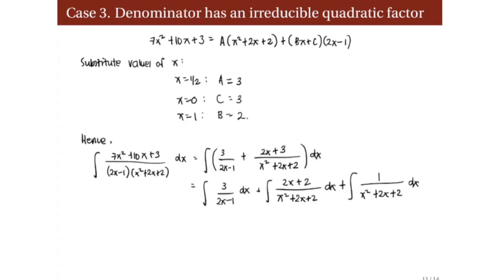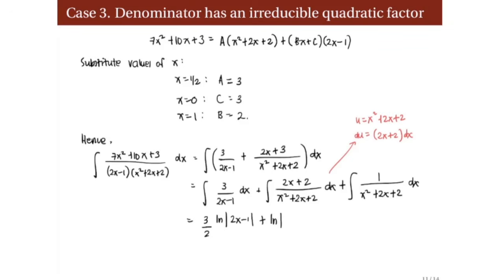So, this is equal now to 3 ln absolute value of 2x minus 1. And then, linear substitution ng 2x minus 1 dyan. So, magkakaroon ka ng over 2. Plus, again, for this case, kapag nag-let ka ng u equals x squared plus 2x plus 2, yung du mo would be 2x plus 2 dx. So, meron ka lang dyan 1 over u du. So, antiderivative niya would be ln absolute value of u.